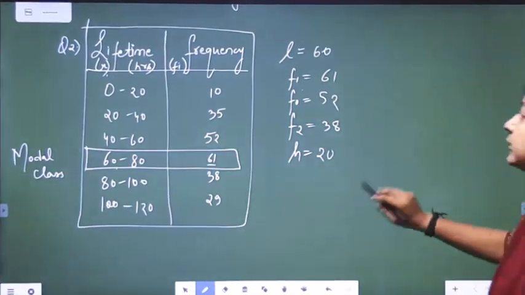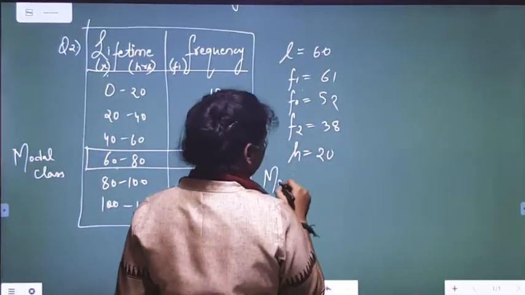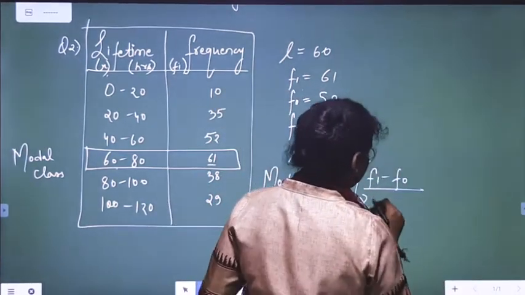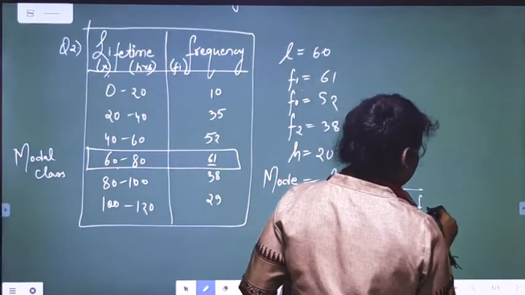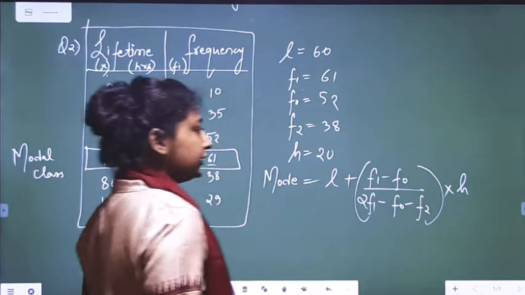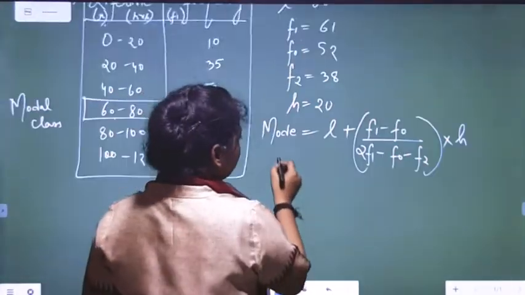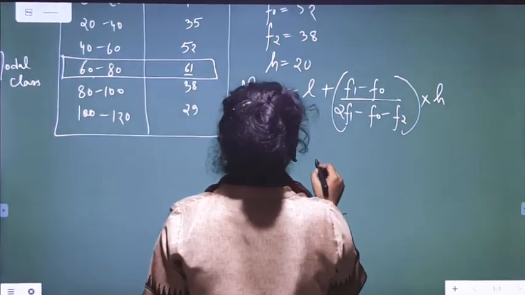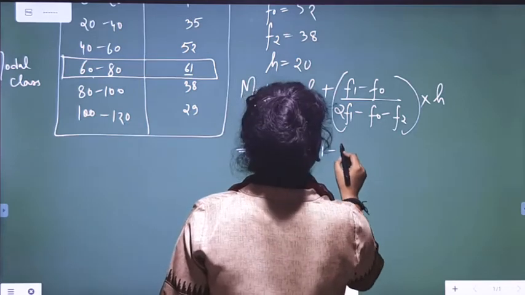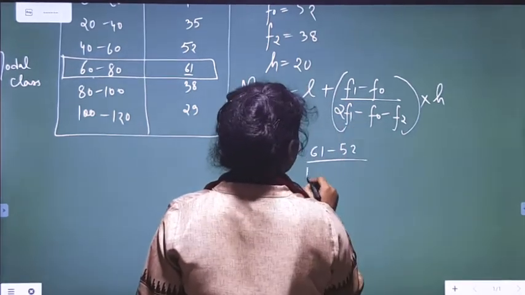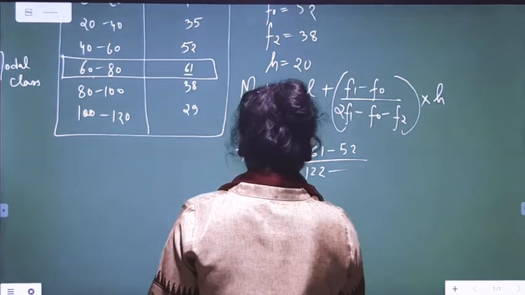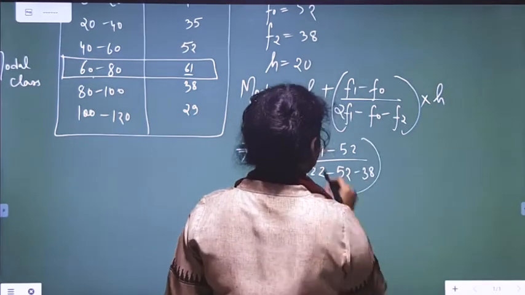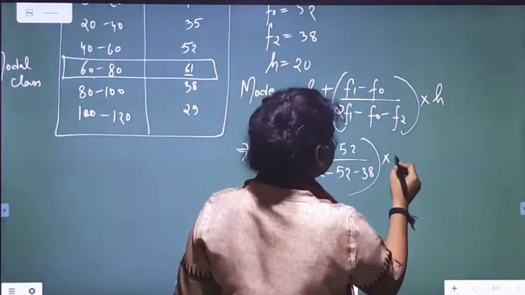Okay, applying all of these values into our formula. What is the formula for mode? Mode equals L plus F1 minus F0 upon 2 F1 minus F0 minus F2, into H. Keeping all of these values in this formula, we get 60 plus 61 minus 52 upon 2 into 61 gives us 122 minus 52 minus 38, into H. H is 20.